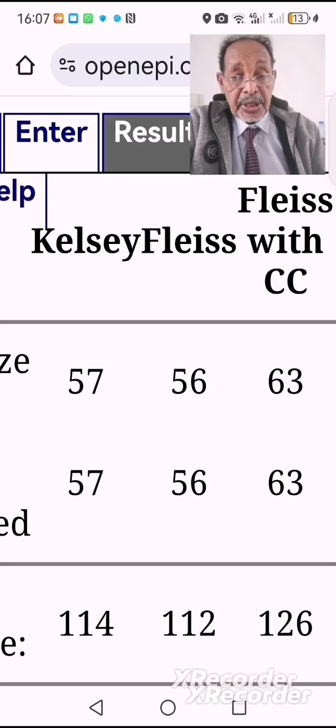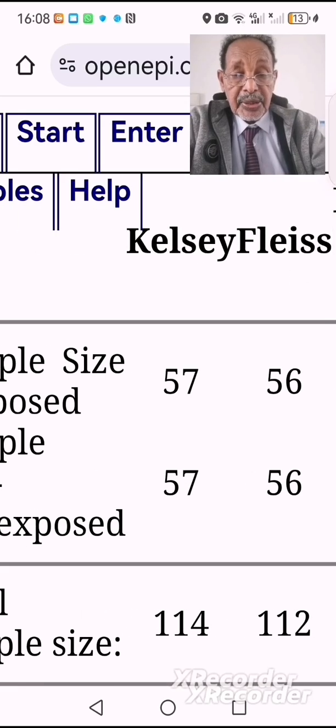And with correction, the Fleiss with correction, it will be 63 in each group with a total of 126. Correction for the attrition, for those whom we couldn't follow up, whether they were displaced or they moved to another place, or anyhow they disappeared and we couldn't follow up. This is their correction. It added the correction here. Anyhow, the sample size can tell us.